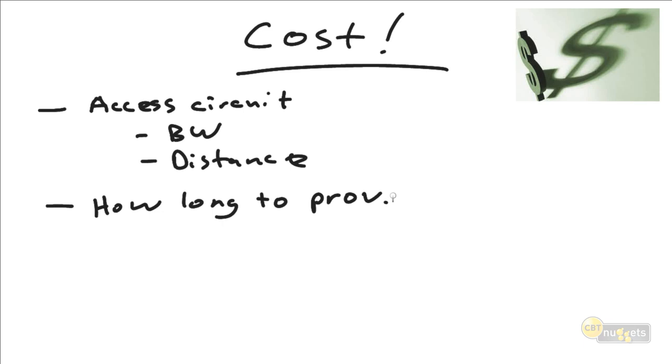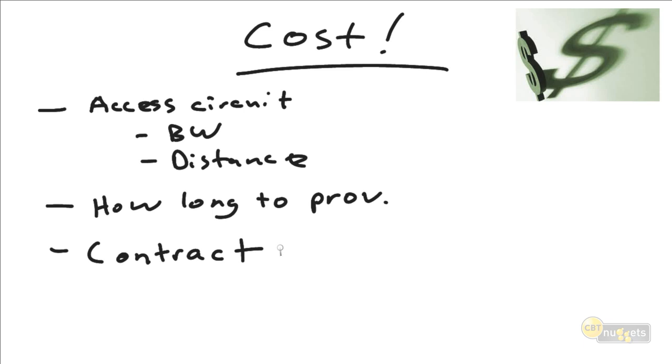So, in other words, if we pay the least expensive rate, is it going to take like 120 days for us to get our circuit? And how long are we stuck in this particular contract? Remember we talked about dark fiber? That's where you can go ahead and purchase a portion of the fiber infrastructure that was previously unused.